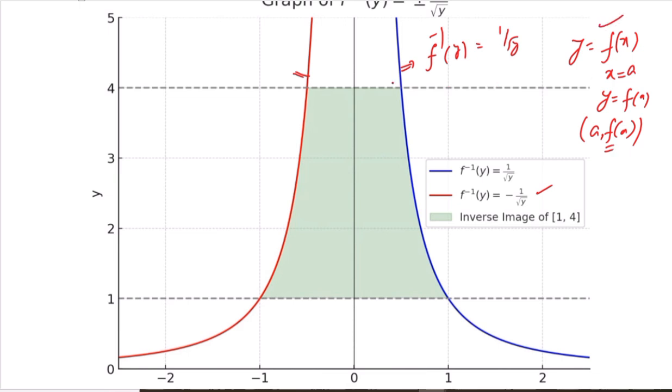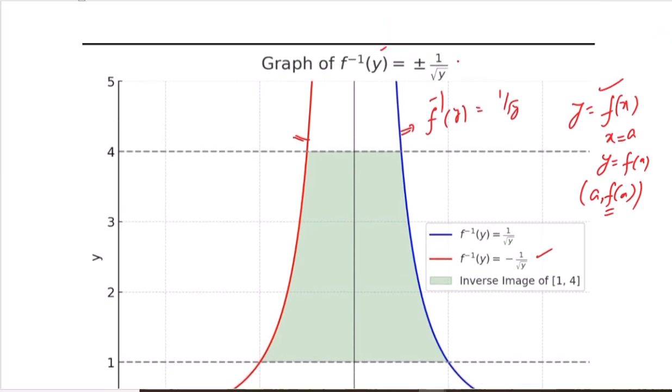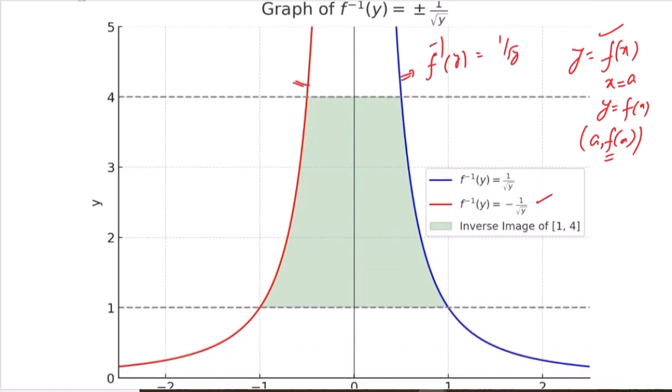Now to make the graph of this function f inverse y, that is in terms of y here, we simply take the reverse process. These are the values of y that we have been given. Our y is 1 to 4. For each y we will find an x.